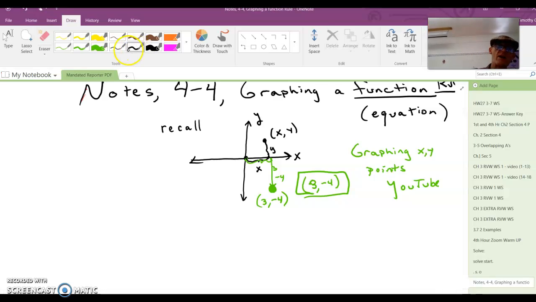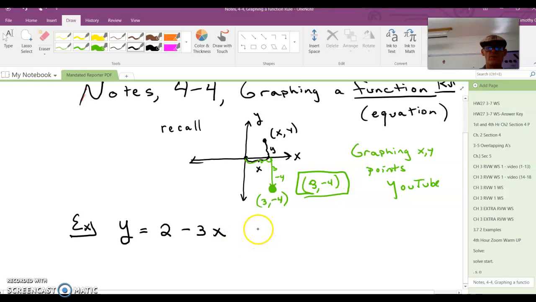So what does it mean to graph a function rule? For example, if I want to graph y equals 2 minus 3x, I want to graph this rule. The rule is that y equals 2 minus 3 times whatever x is.